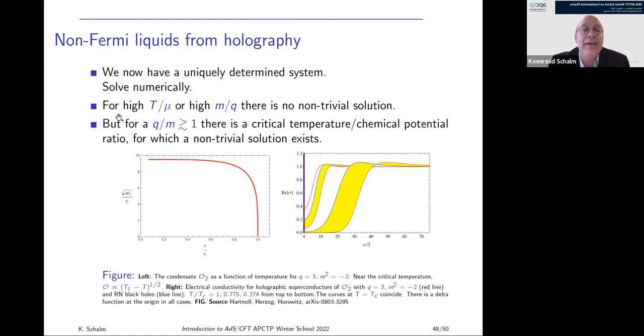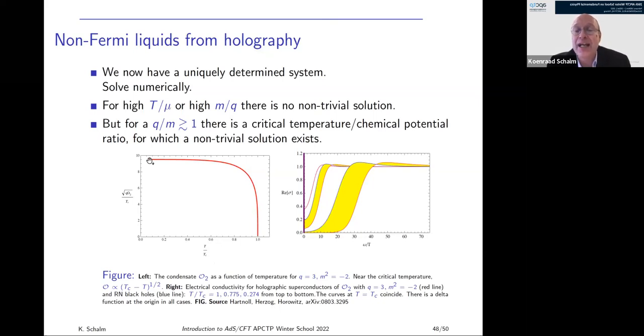And indeed, if you choose the charge reasonably large, there is a critical temperature to chemical potential ratio for which a non-trivial solution exists. And here you see the development of this order parameter as a function of the temperature. Once I lower the temperature below some critical temperature Tc, a vacuum expectation value for this order parameter develops. And this is the physics of spontaneous symmetry breaking.